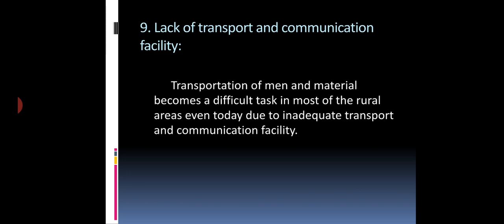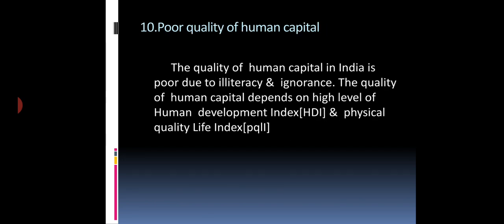The next characteristic is lack of transport and communication facilities. Transport of men and material becomes a difficult task in most of the rural areas even today due to inadequate transport and communication facilities. The 10th characteristic is poor quality of human capital. The quality of human capital in India is poor due to illiteracy and ignorance.